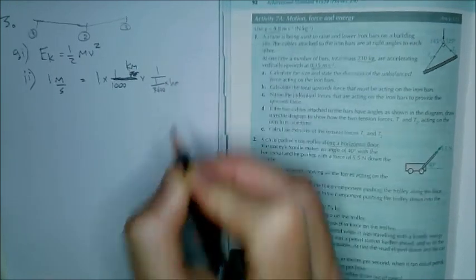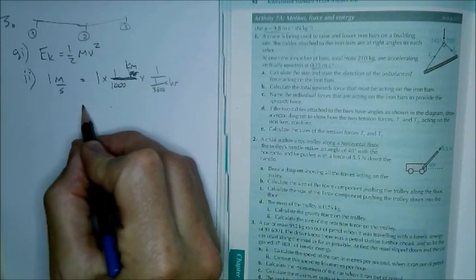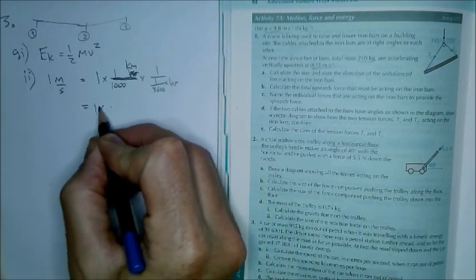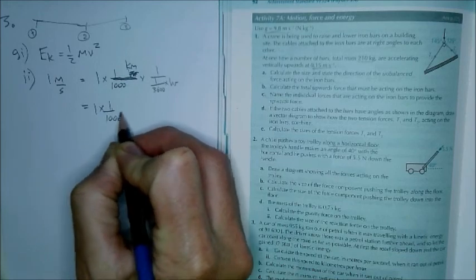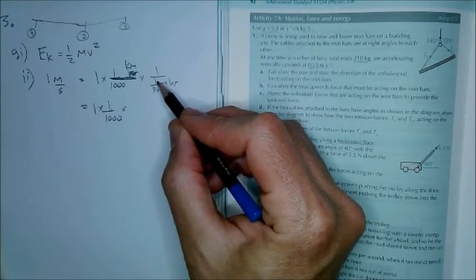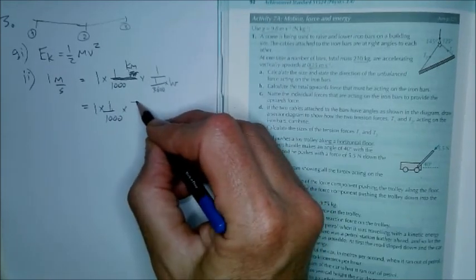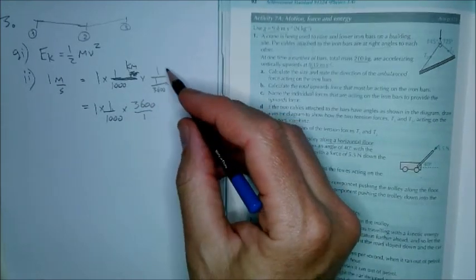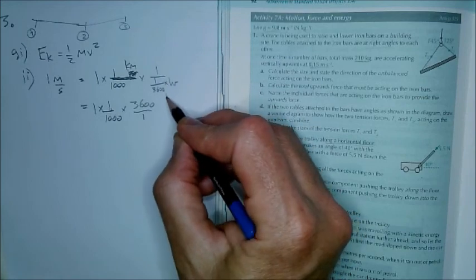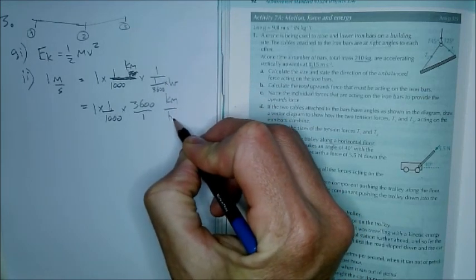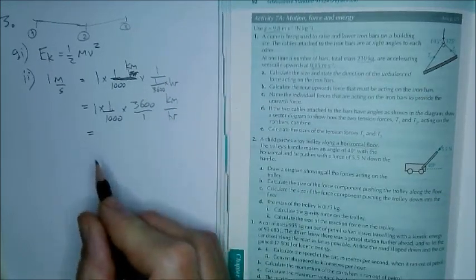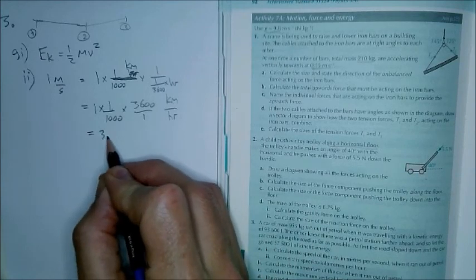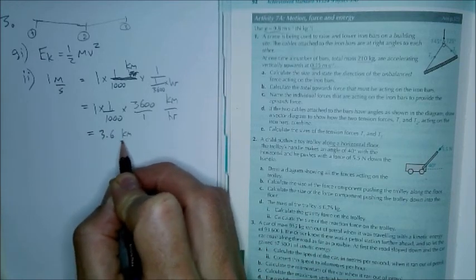an hour. Okay. So 1 meter per second equals 1 times 1 over 1,000 times, now 1 over 3,600 is the same thing as 3,600 over 1, and the kilometer is on top and the hour ends up underneath. Overall we get 3.6 kilometers per hour.